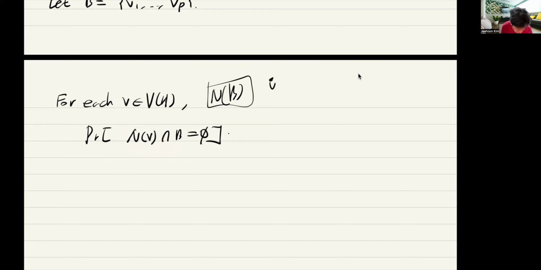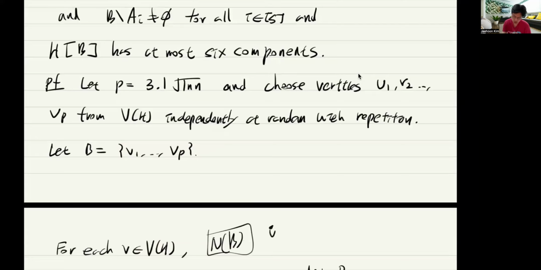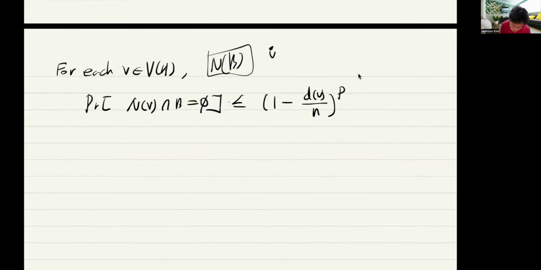When will this happen? This is at most (1 minus the degree of B divided by n) to the P. Its choices are independent, so this is at most e to the negative degree of B times P divided by n.